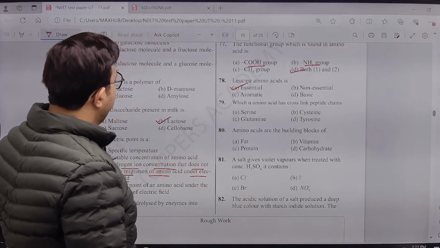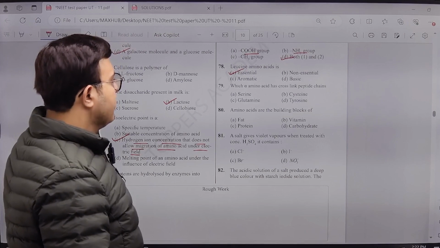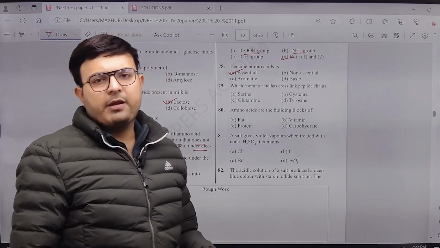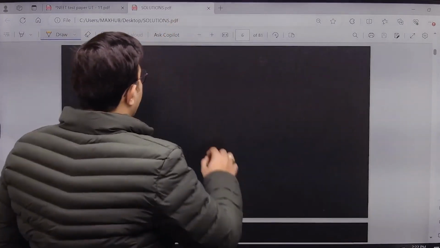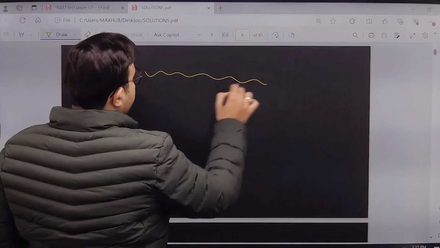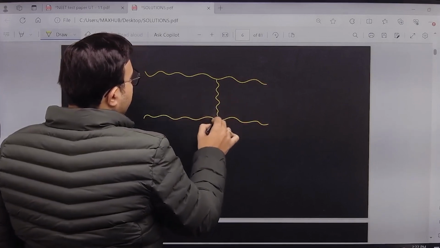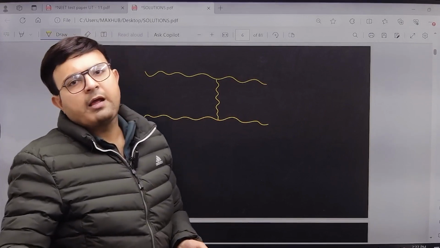We'll go to question number 79: which alpha amino acid has cross-linked peptide chains? What are cross-linked peptide chains? You have one peptide chain like this, another peptide chain like this, and if you connect these two peptide chains, this becomes cross-linking of peptide chains.